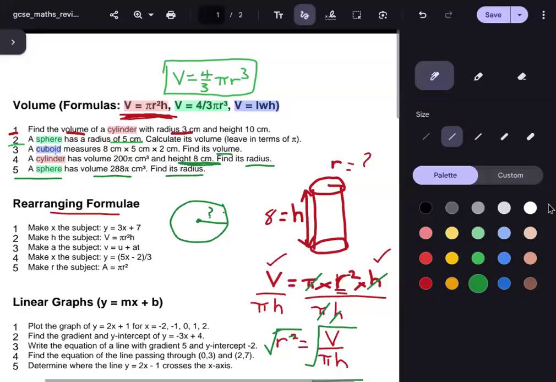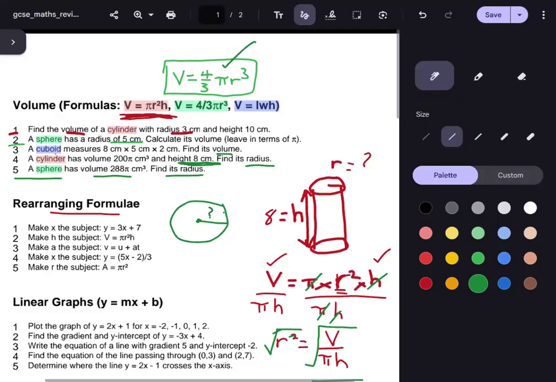I think attempt the question and then just let me know when you're done. Which one? It's number 5. We're using the formula in green and we're finding the radius. So you rearrange the formula to make r the subject. The green one at the top, this one.